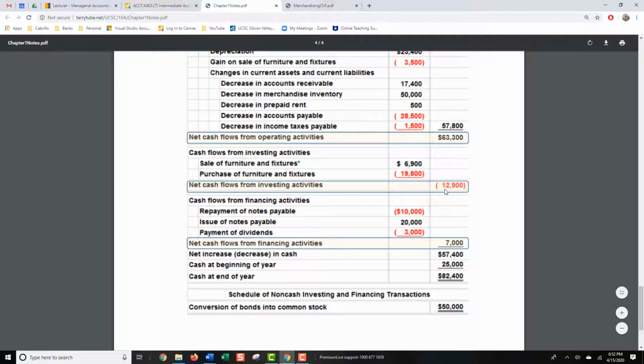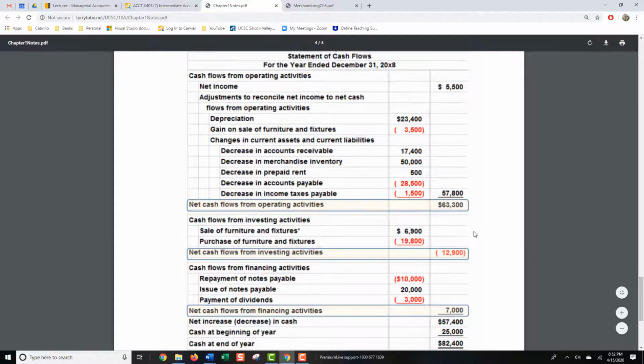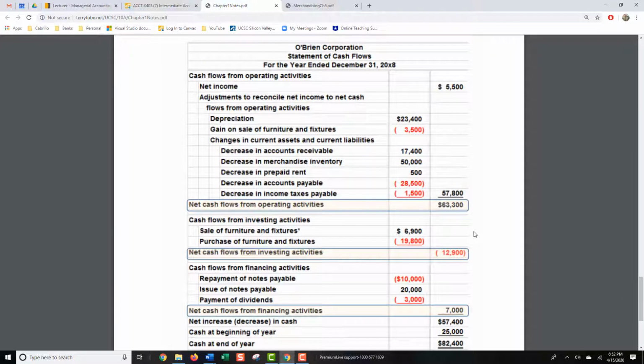Investing used cash, in other words, cash went down 12,900, but financing brought in cash flow of 7,000. So the statement of cash flows does nothing more than take your other three statements, the income statement, the statement of owner's equity, and the balance sheet, and restate it from a cash flow perspective.